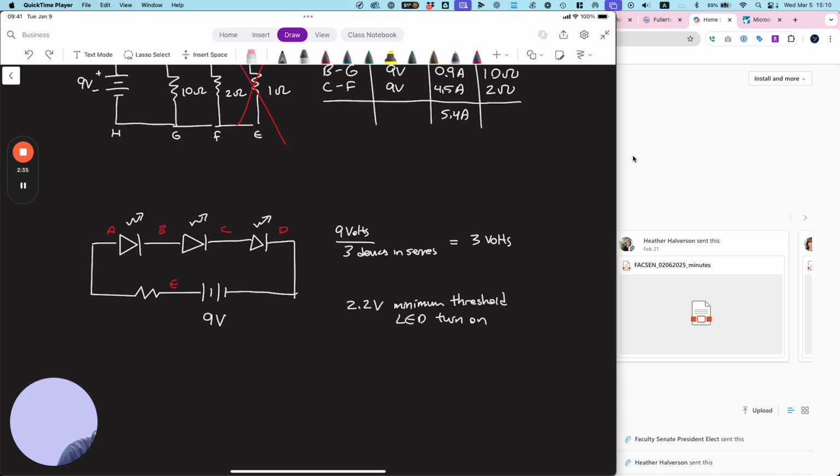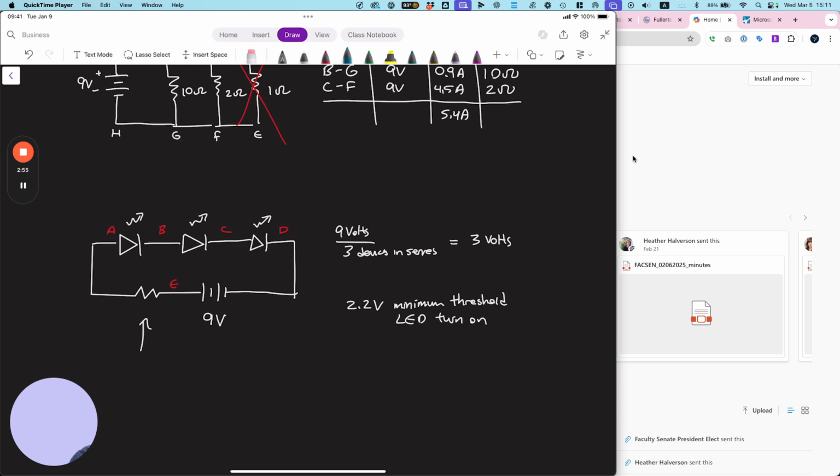Now this resistor that we choose, it's also in series, right? So really, the voltage is going to be the resistor's voltage plus the voltage of the other components. Let me give these some letters here.